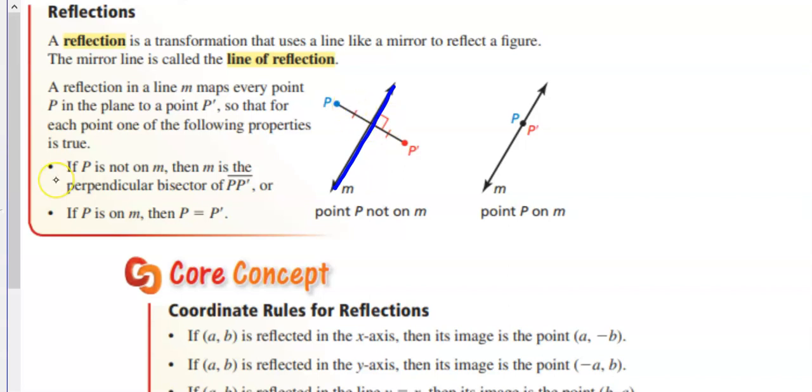If P is not on M, then M is the perpendicular bisector of P P prime. So it bisects and it's perpendicular. If P is on M, then P is equivalent to P prime, which is the second diagram. If the line of reflection goes through P, it would basically reflect onto itself.